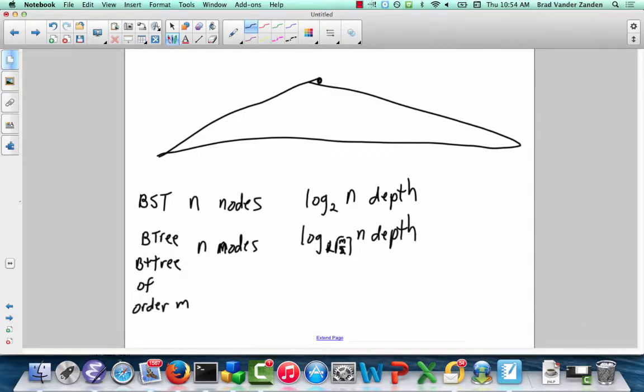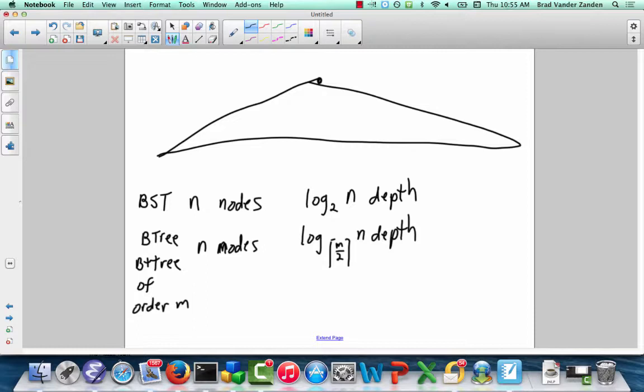So with a B tree and a B plus tree, they have at minimum m divided by 2 children. Therefore, they split the search space by m divided by 2 at each step rather than splitting it in half.